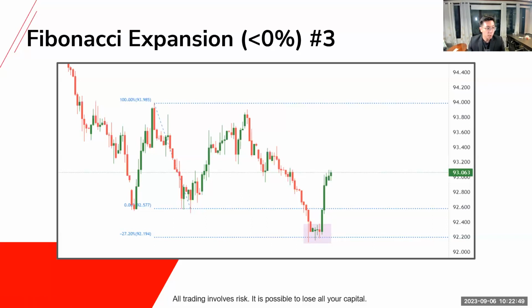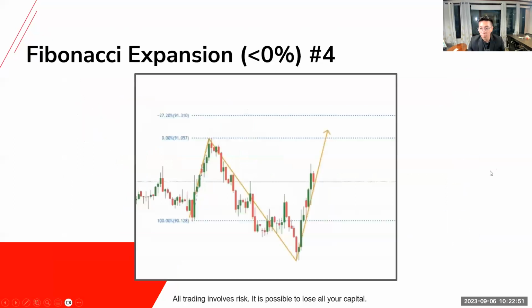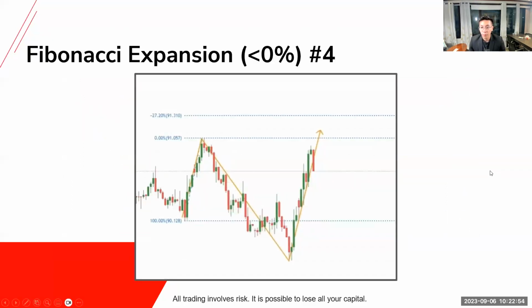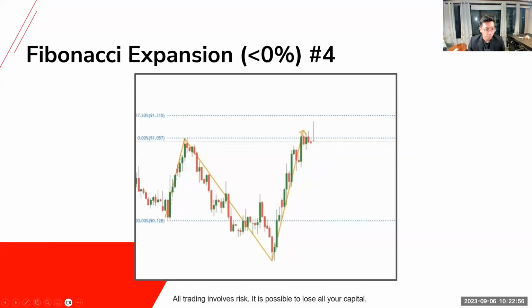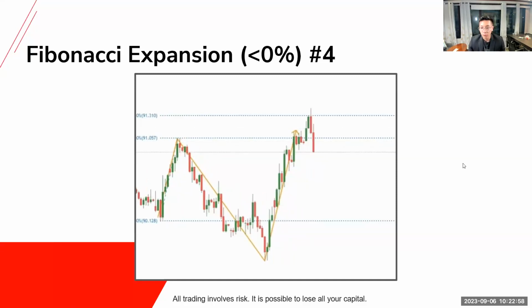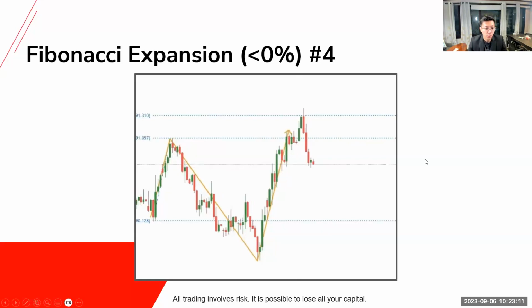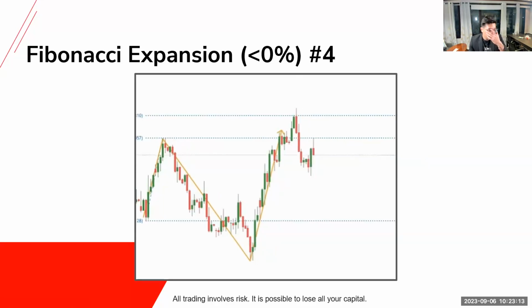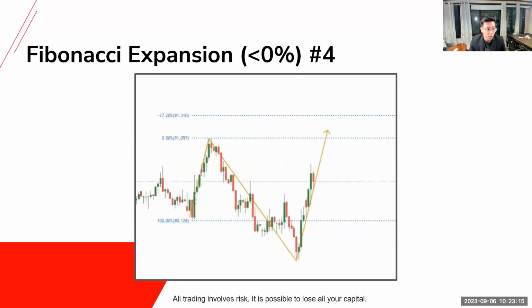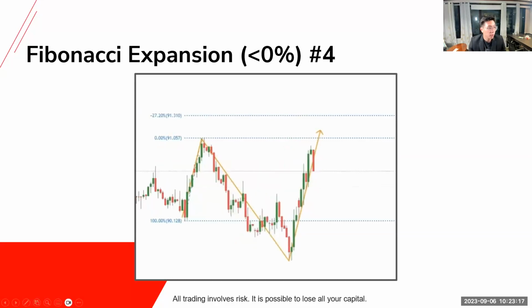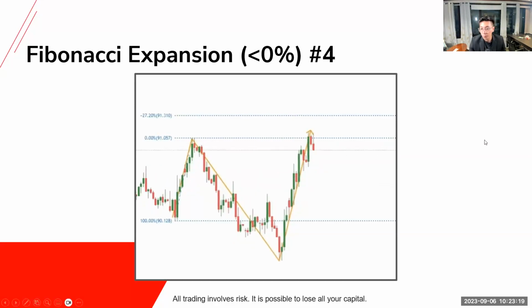Okay, so next, the fourth example. In this GIF, take note of the shape outlined by the orange arrow. Price retraces more than 50% of the Fib trend line, and in this case more than 100%, and reverses nicely off the negative 27.2 Fib expansion level.